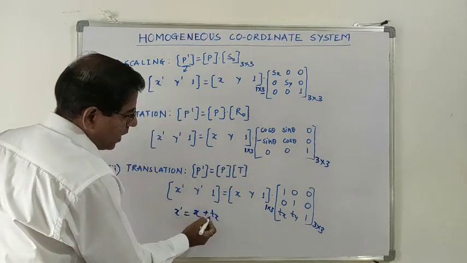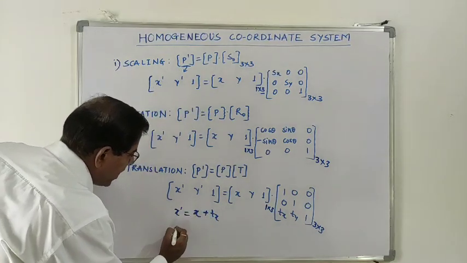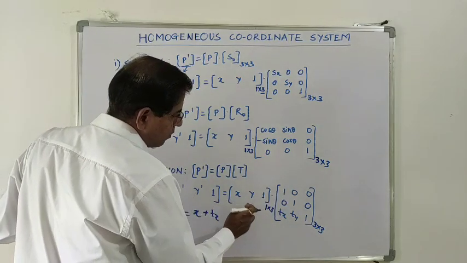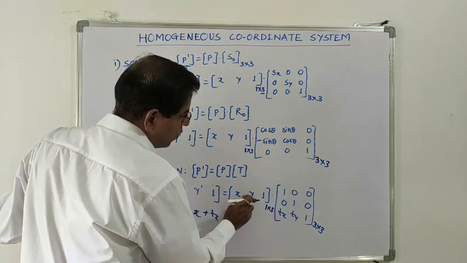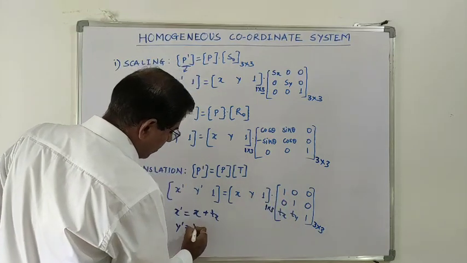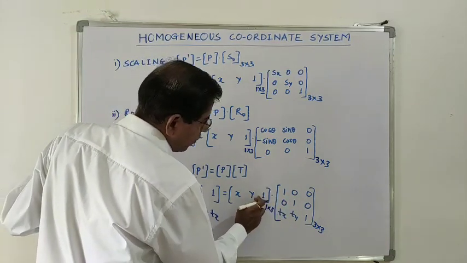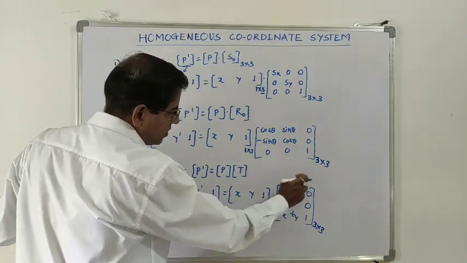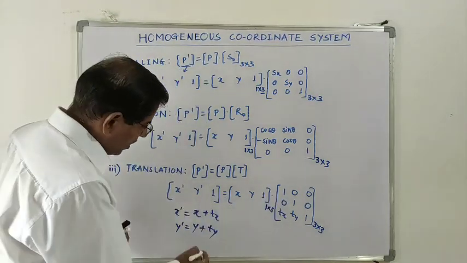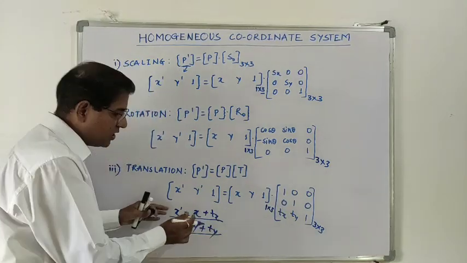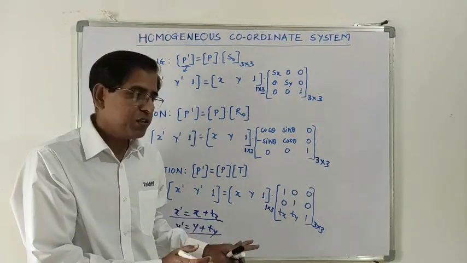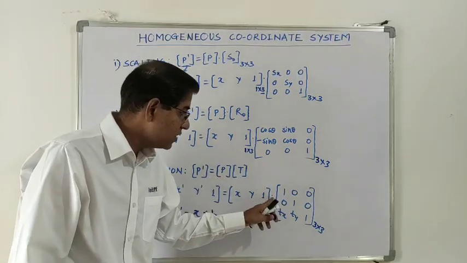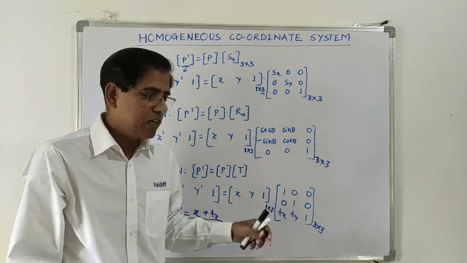So x dash is equal to x plus tx, and y dash is equal to first row, second column. So x into 0 is 0, y into 1 is y, plus 1 into ty is ty, and this 1 is 1. So here you can see that without changing the meaning of the original expression, we have rearranged this matrix in this form, where translation is also captured by matrix multiplication.